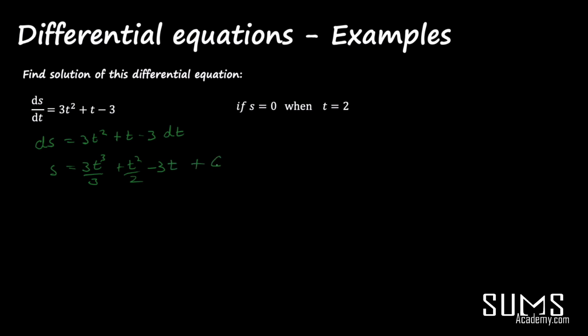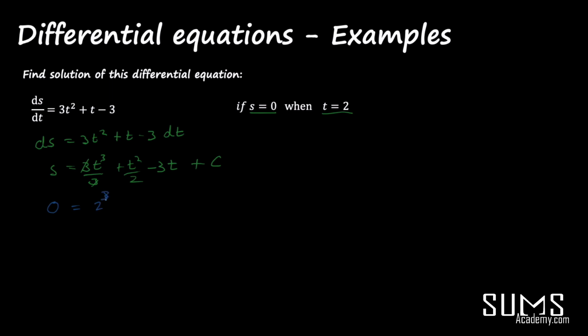The plus c here is really, really important because that allows us to figure out what was going on in the first place. So first of all, these cancel, which is nice. And we're saying s is equal to 0 when t equals 2. So we put 0 in here, and that is true when t is equal to 2.